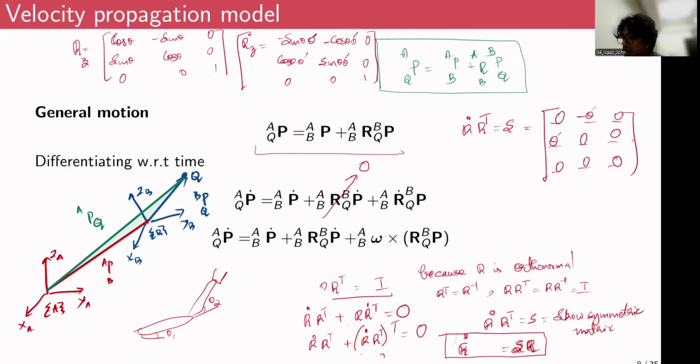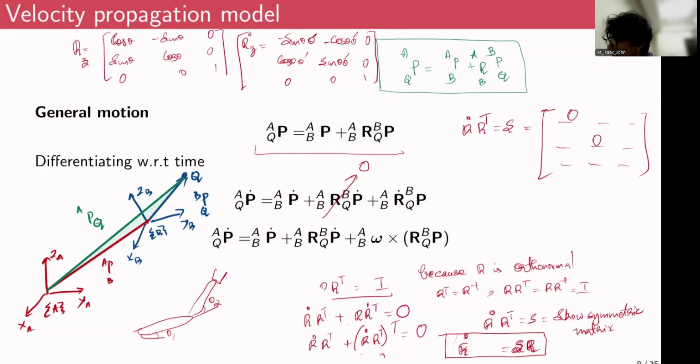So this is with respect to a pure rotation about the z-axis. But in general, if it is a general rotation about the x, y, and z-axes, the skew symmetric matrix would look something like this. All the diagonal entries would still be 0, 0, 0.